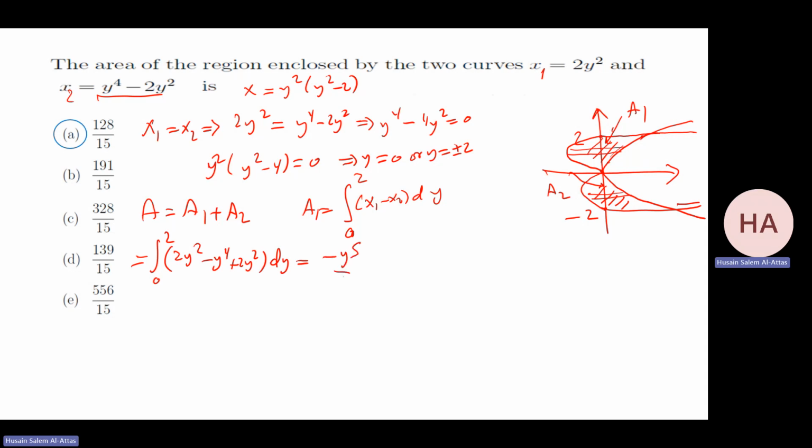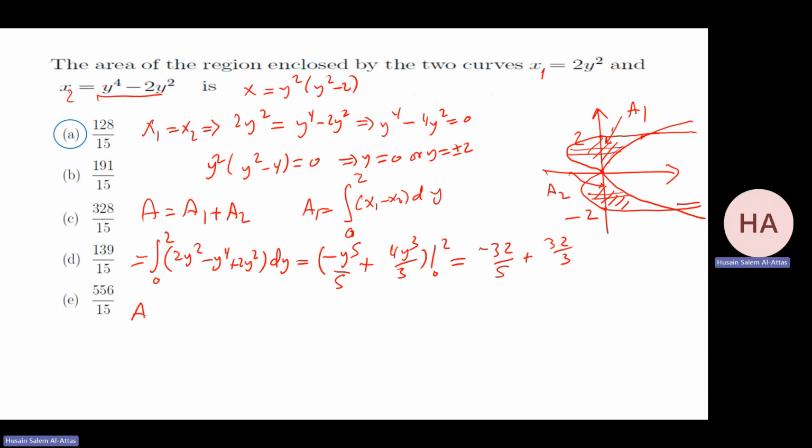That minus y to the power 5 over 5, 4y square, that will be what? 4y cubed over 3. This is from 0 to 2. That give me what? 2 to the power 5, which is minus 32 over 5, plus 4y cubed, 32 over 3.